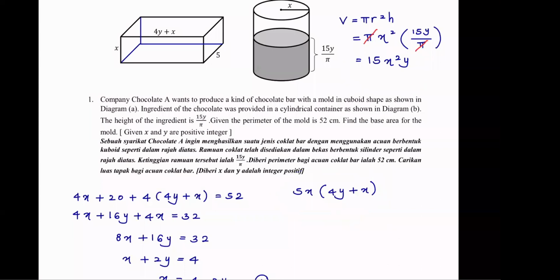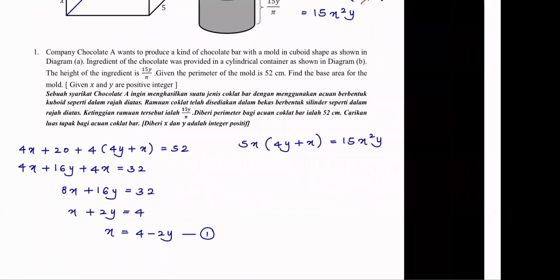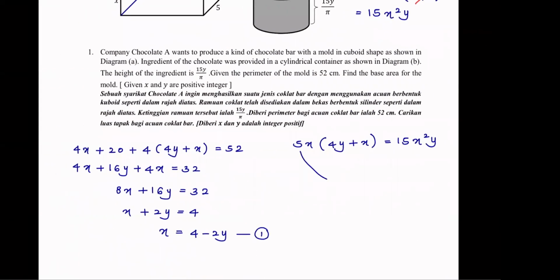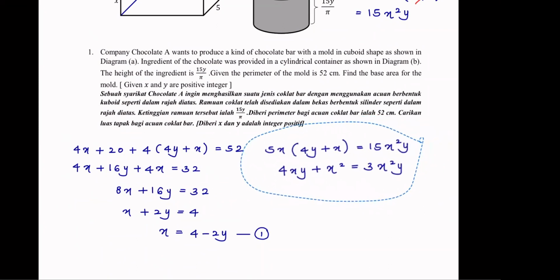So the two must be the same. So I can bring this 5 over here to divide. So you're going to get 4xy plus x square is 3x square y. Okay, done. So this is your second equation.